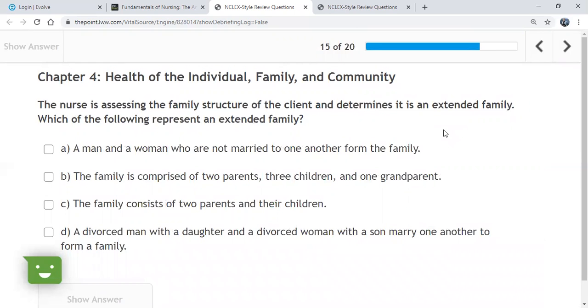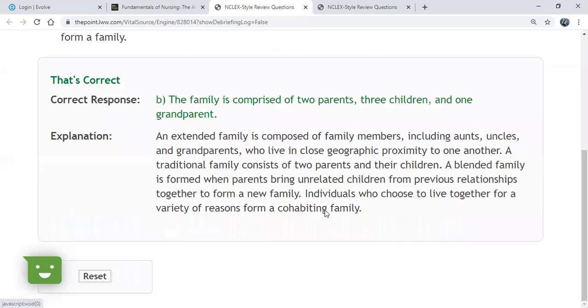The nurse is assessing the family structure of a client and determines it's an extended family. Which of the following represent the extended family? B as in boy, 2 parents, 3 children, 1 grandparent. Yes. Good. All right.